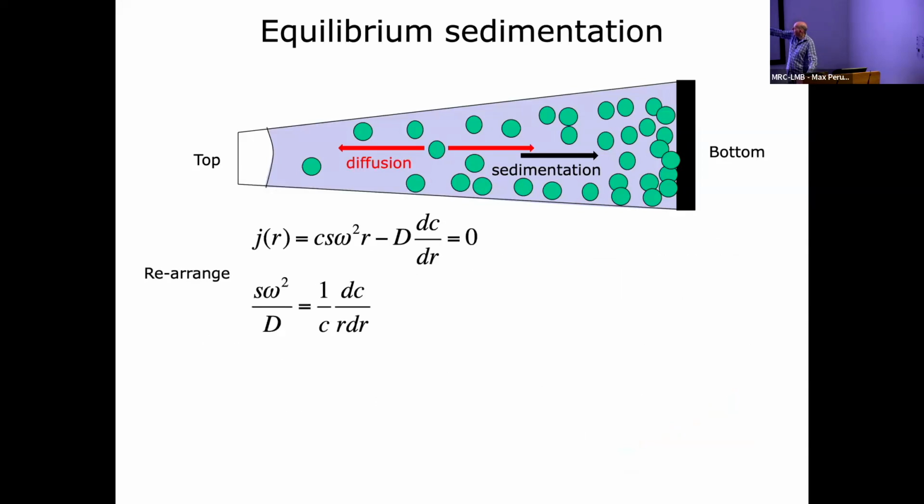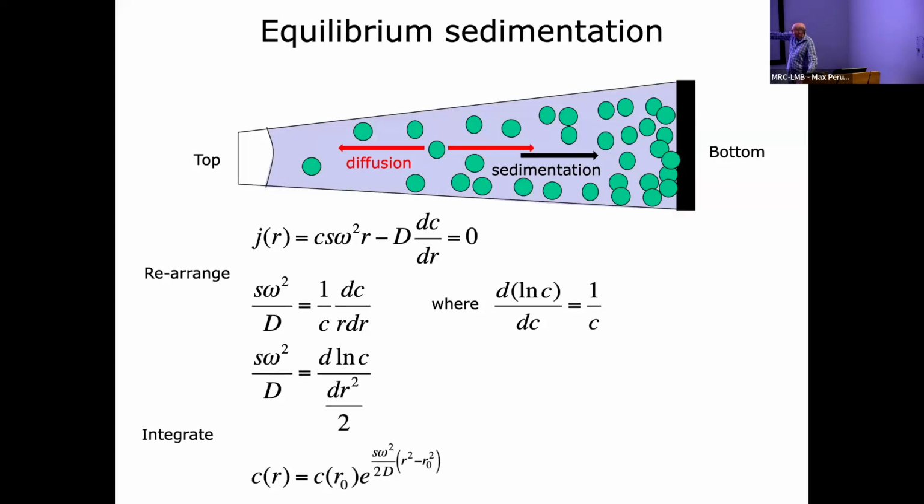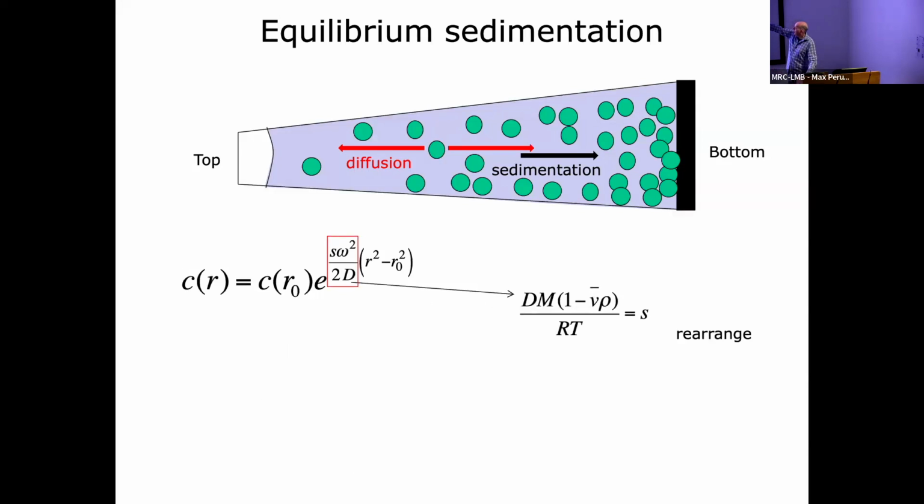Then we can look at the concentration, where the log is equal to this. Substitute that in again and integrate, and you're just going to get an exponential function here. So that's quite easy. That's related to the diffusion and the Svedberg constant.